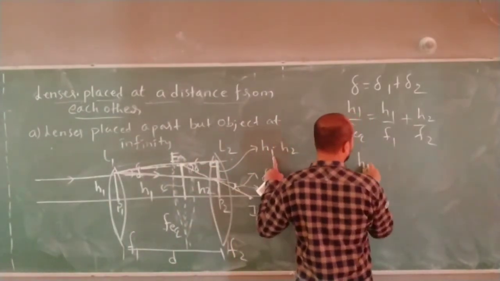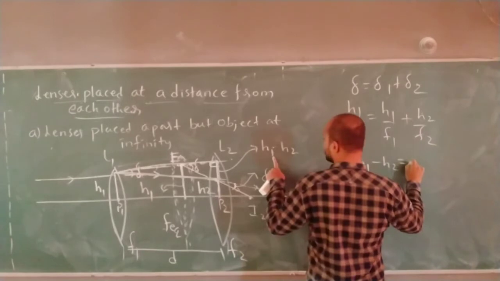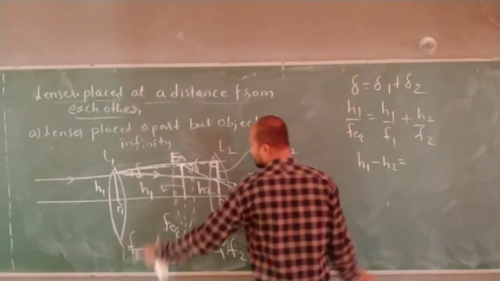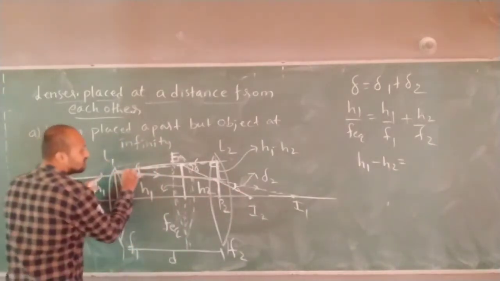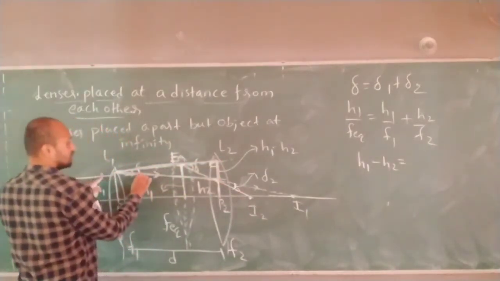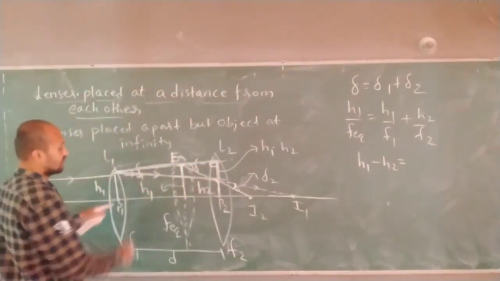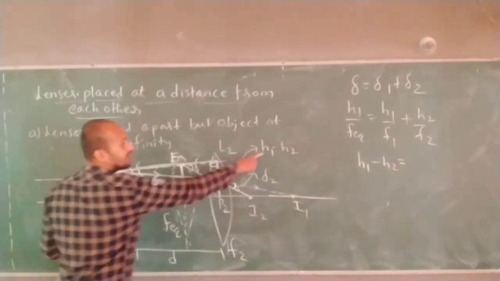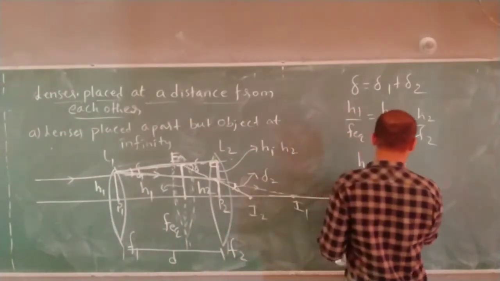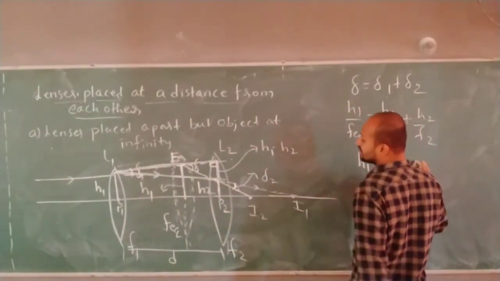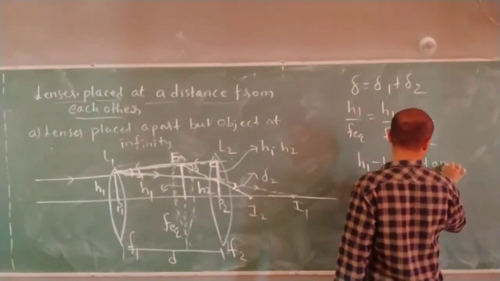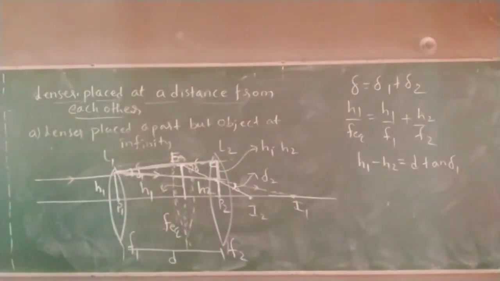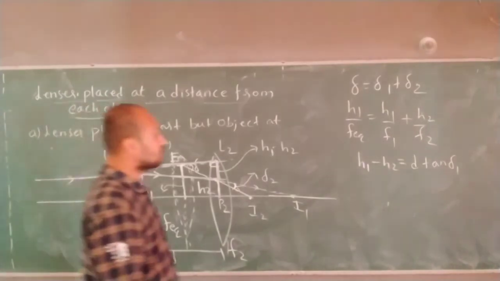I can write h1 minus h2 as opposite by base. What is base? This is base. This angle is delta1. So this is base, this is height. I can write h1 minus h2 is equal to base into tan delta1.